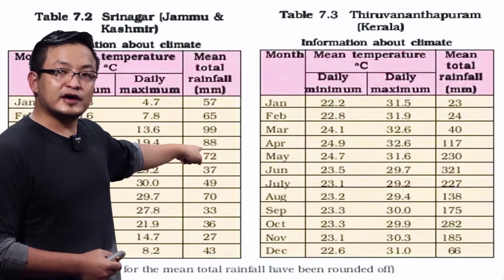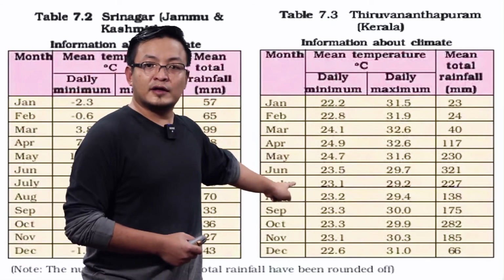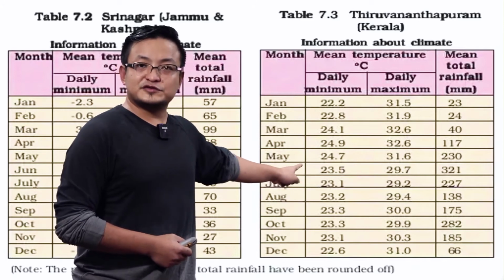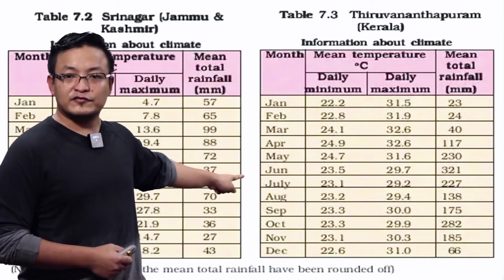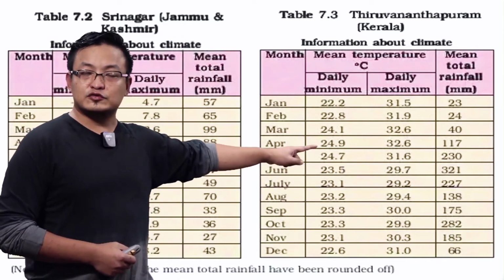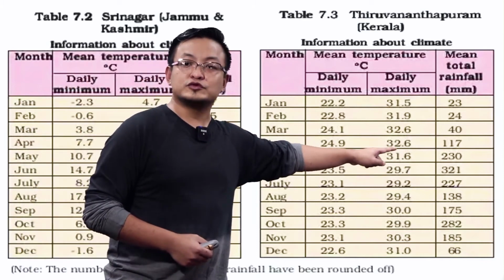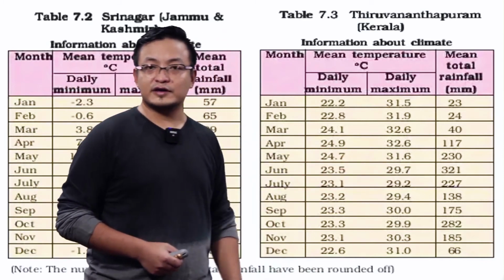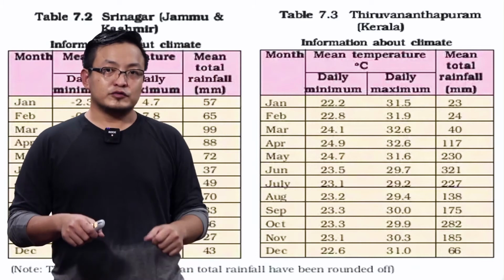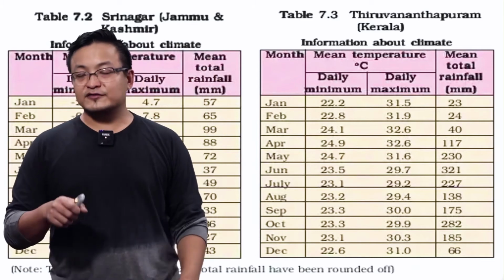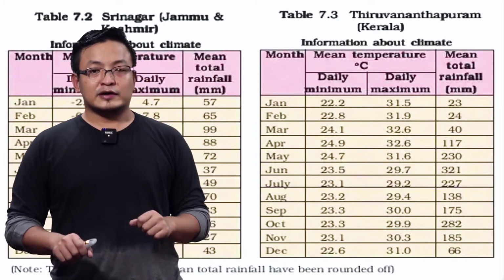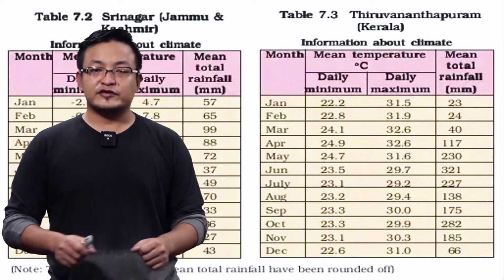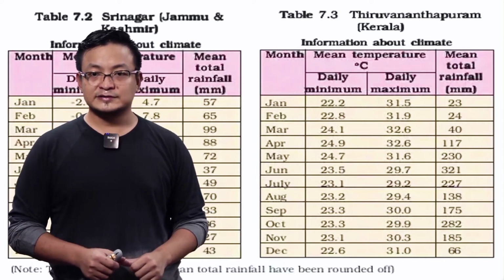Whereas in Thiruvananthapuram, the amount of rainfall recorded in the month of May was 230, right? So we see that there is a big difference between these two climatic conditions of two different places, right, students?